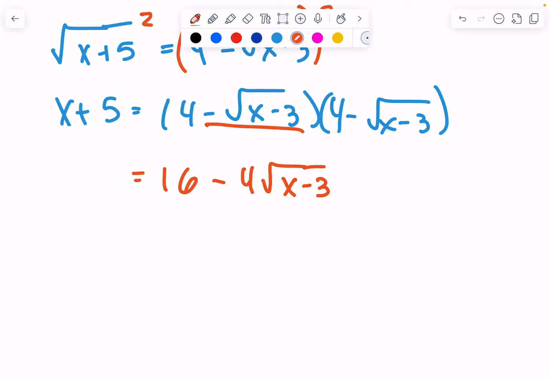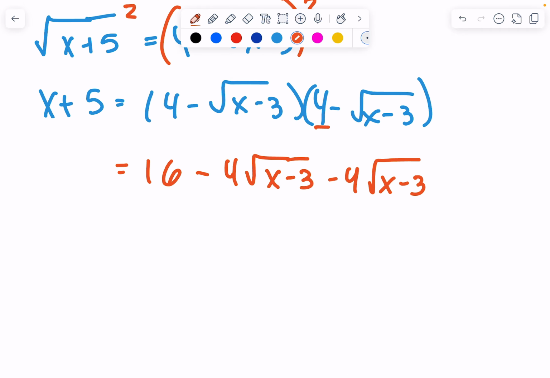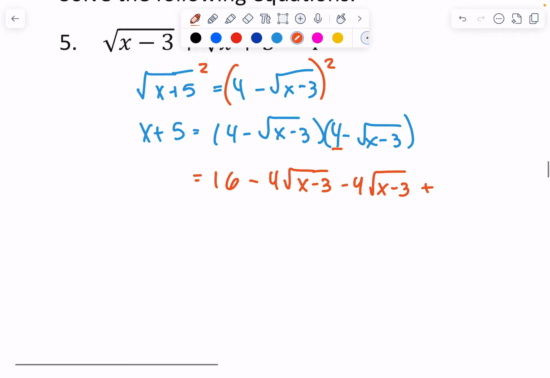Inner, 4 times negative root x minus 3, so that's going to be negative 4 root x minus 3. And then last, I have negative root x minus 3 times negative root x minus 3. So negative times a negative is a positive, and root x minus 3 times root x minus 3 is root x minus 3 squared, which is just x minus 3.